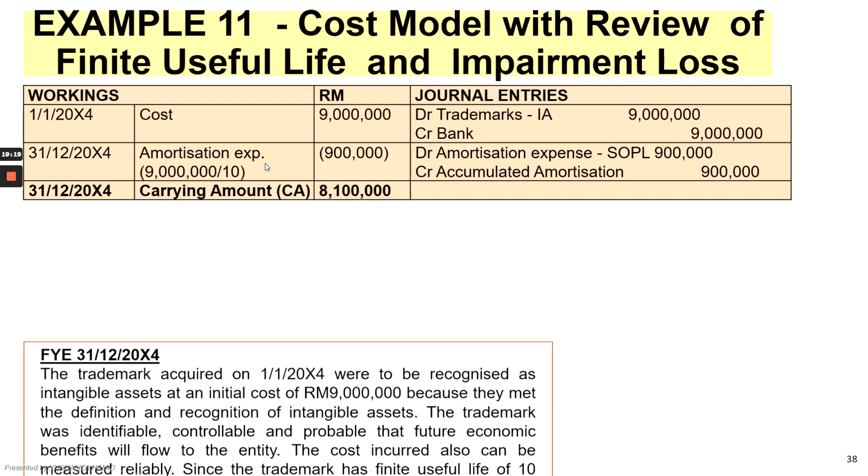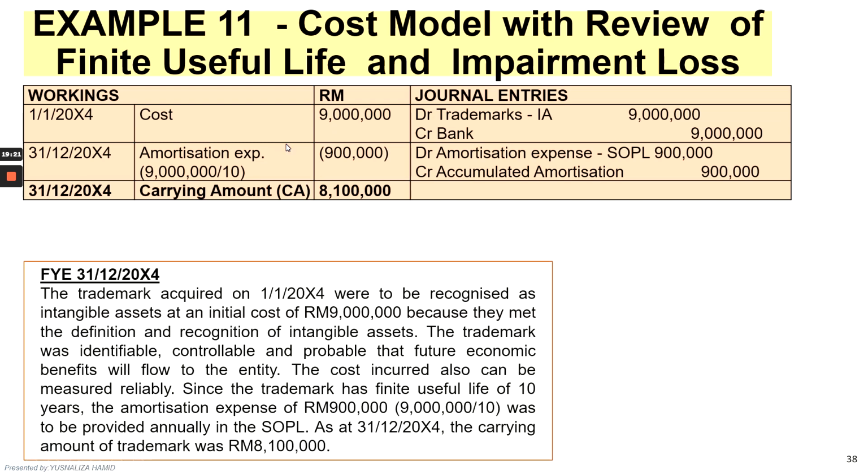This is the explanation for what I have just explained. This is the proper explanation and accounting treatment for the first year. This is the first year where you acquire the trademark, and you need to just focus on this. My focus is on the useful life and amortization.